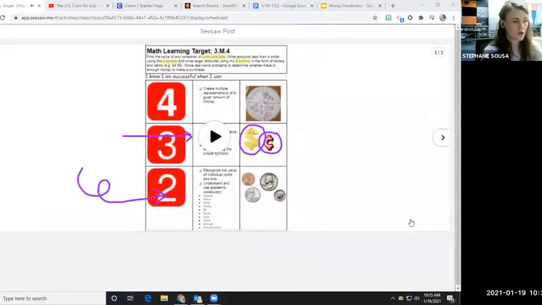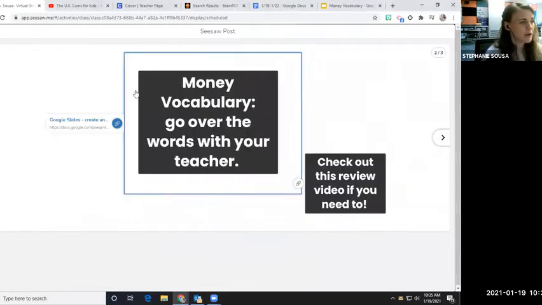All right, so we are going to review those coins and you are going to know when to use the dollar sign and when to use the cent symbol because they do not get used together. A lot of third graders think they do, and they don't. It's one or the other, people. That's it. All right, so today we're going to go over math vocabulary.